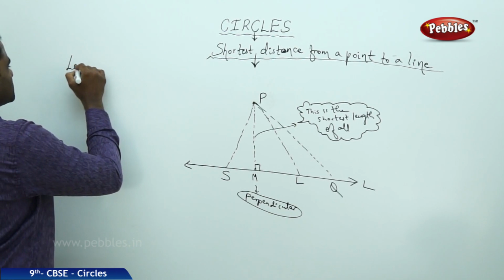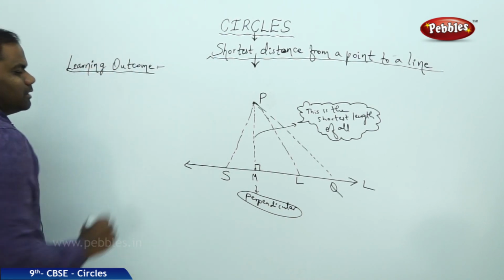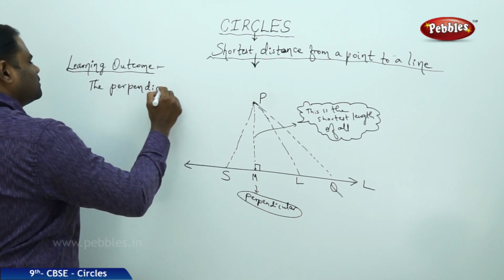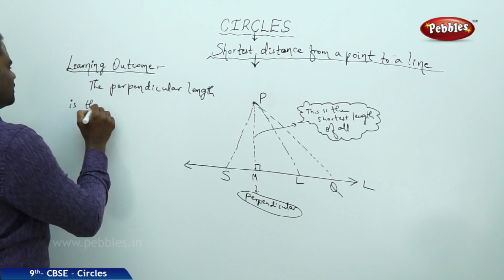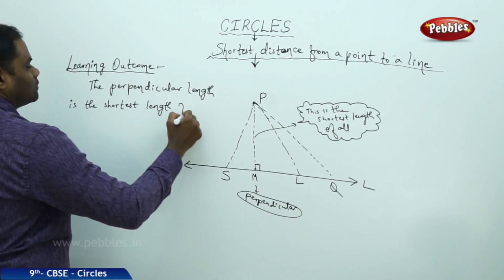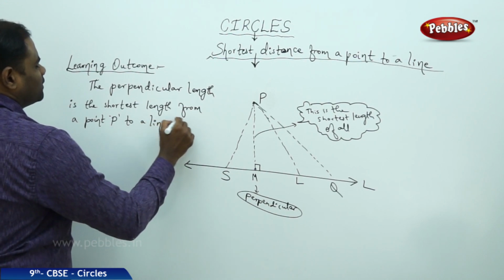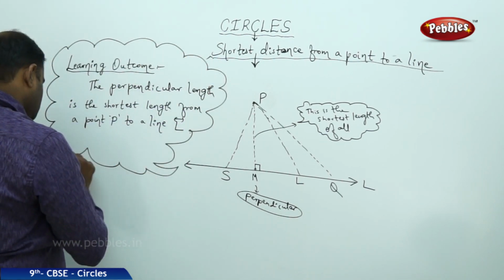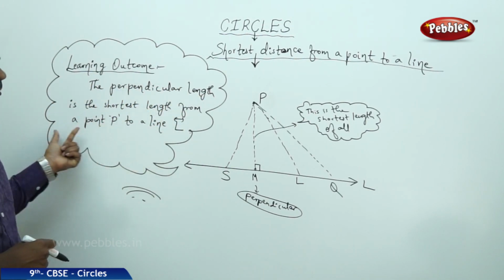So my learning outcome in this case is that the length of the perpendicular is the shortest length from a point P to a line L. The perpendicular length is the shortest length from a point P to a line L.